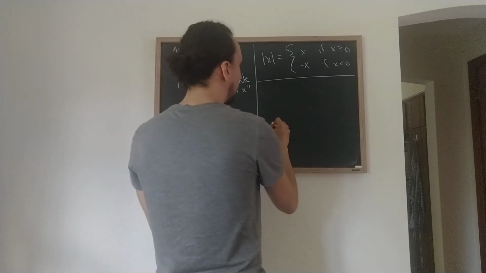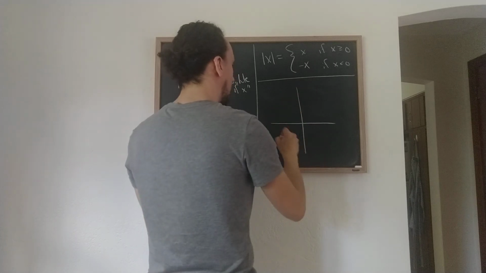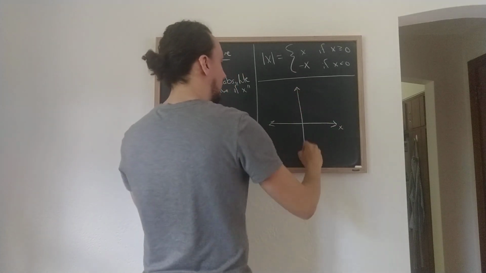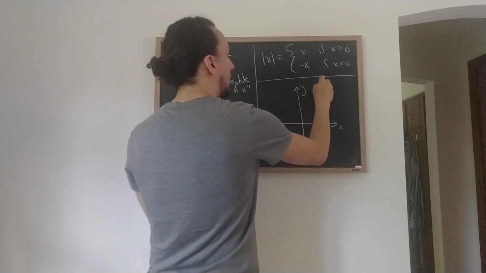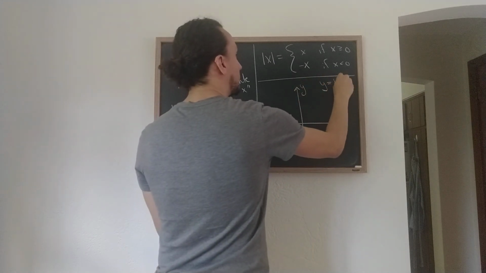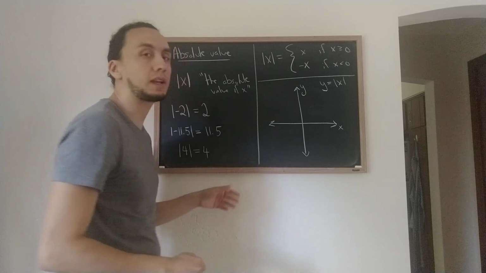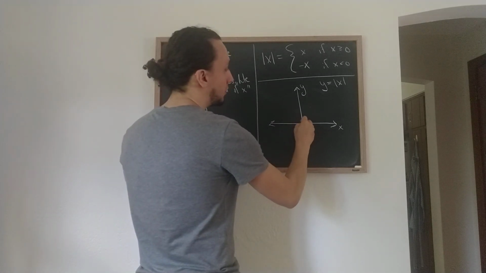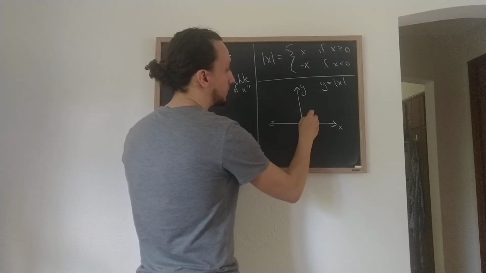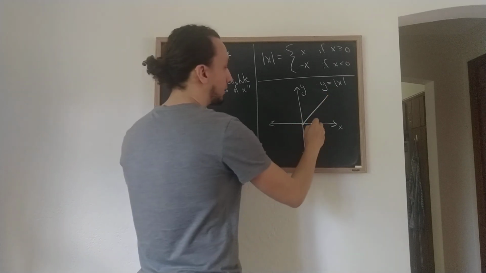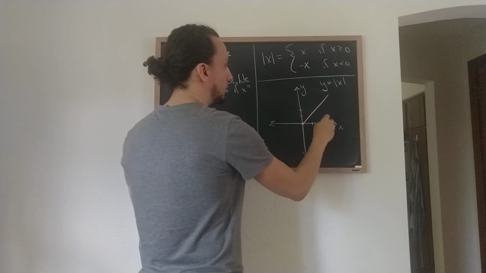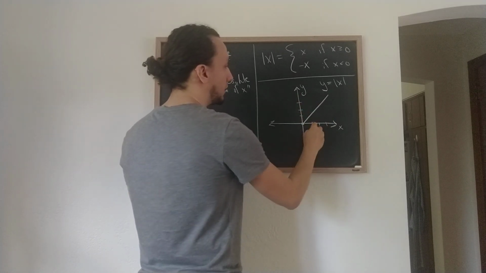If we were to graph it, here's x, here's y, and we want to graph y equals the absolute value of x. So this is like graphing a function like we did before. If x is 0 or positive, it's just giving us back the exact same number. So 1 maps to 1, and 2 maps to 2, and 3 maps to 3, and so on.